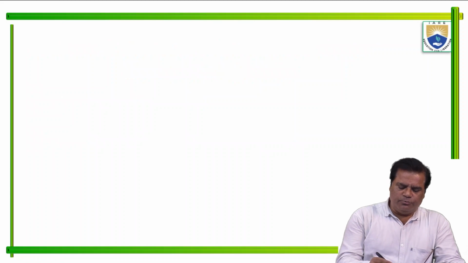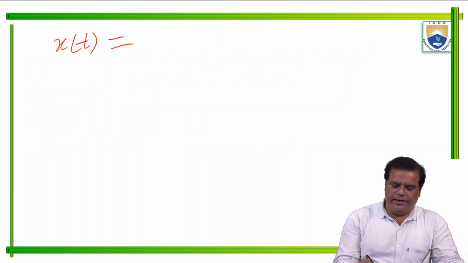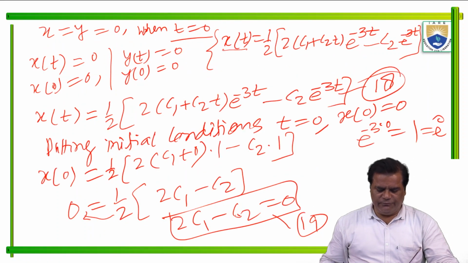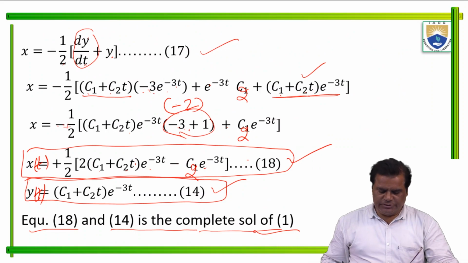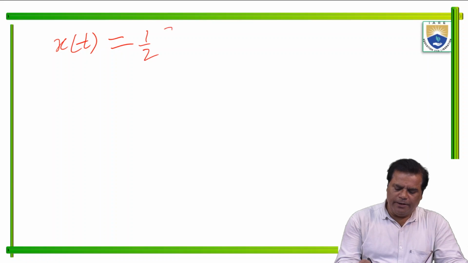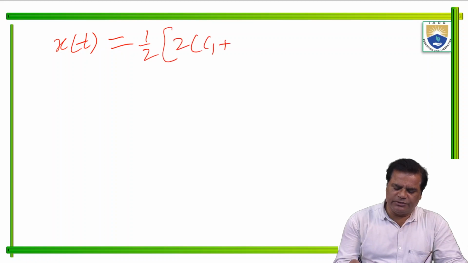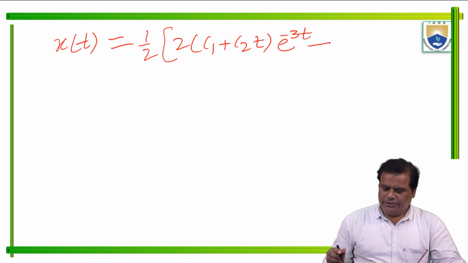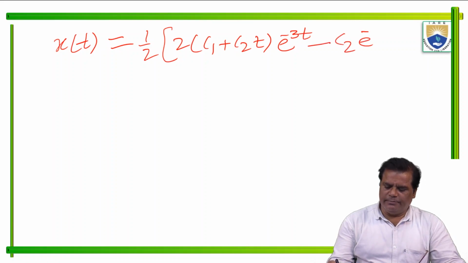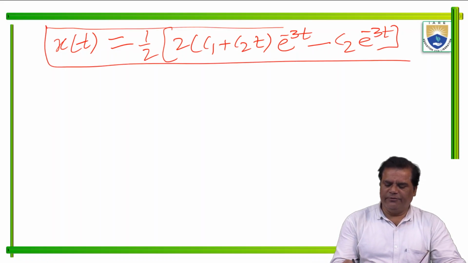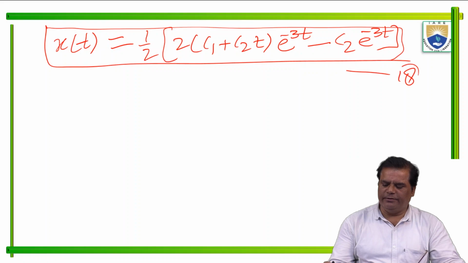Now x equal to x(t). I am writing the value of x: x is 1 by 2 in bracket (2c1 plus c2 t) e to the power minus 3t, minus c2 e to the power minus 3t. This is the value of x that I have already found in equation 18.